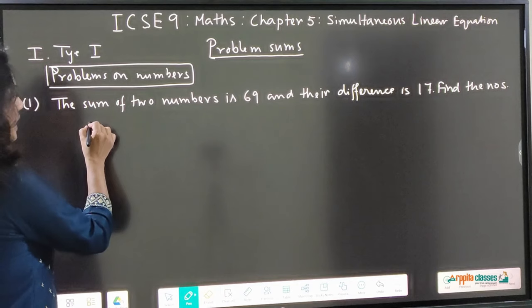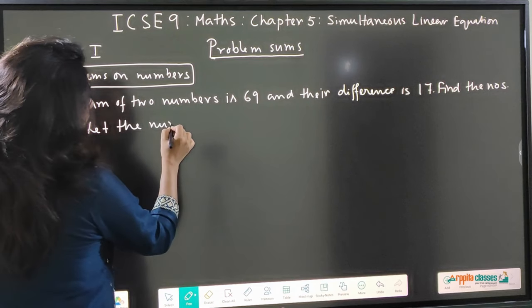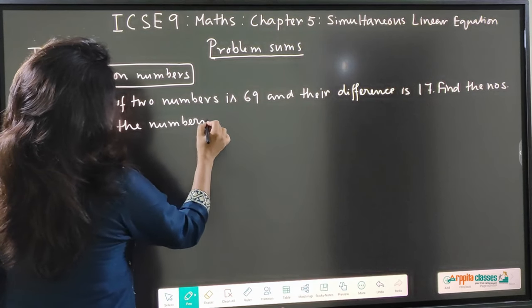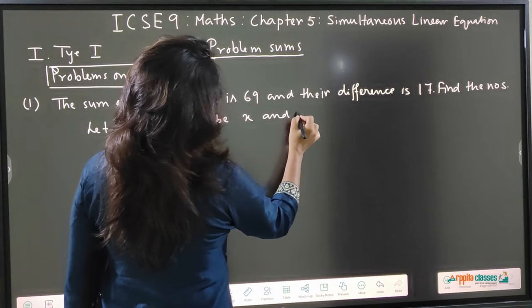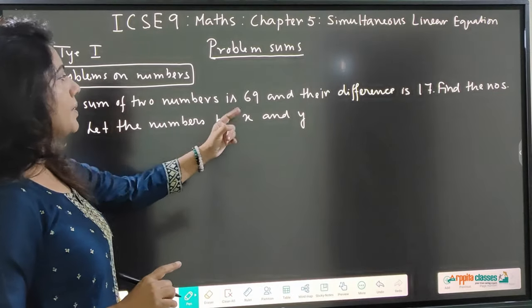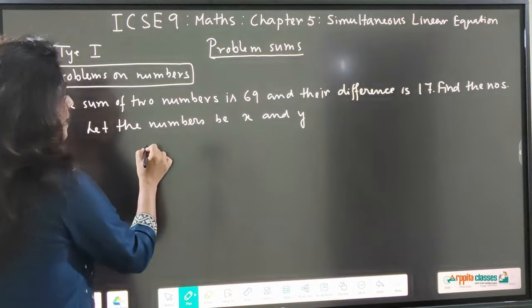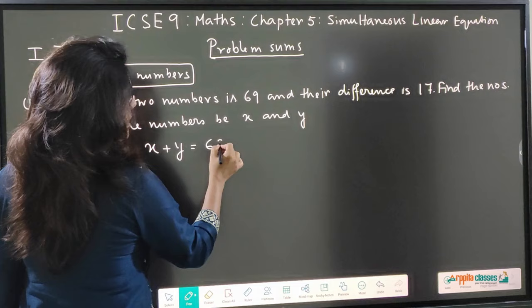So first you need to write let the numbers be, you can take any variable, I am taking here x and y. Now the first criteria, they are saying the sum of two numbers is 69. That means the sum x plus y is equal to 69.